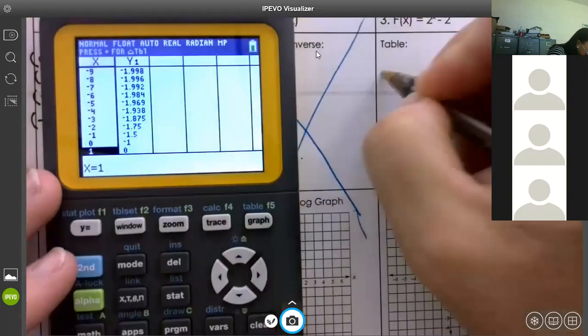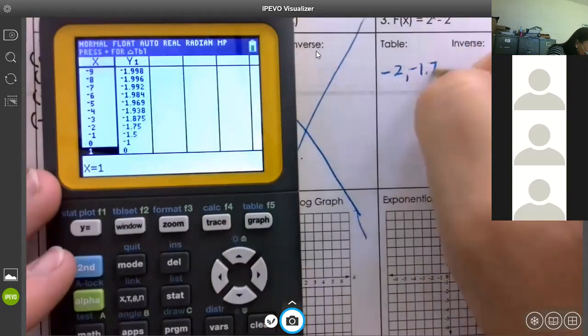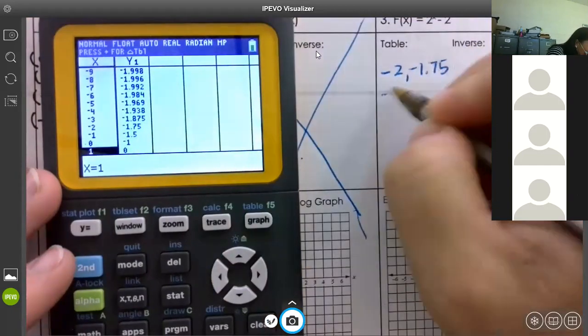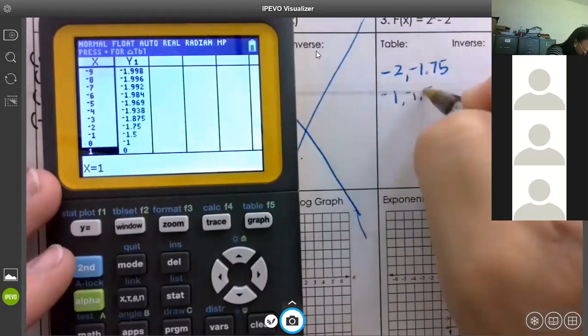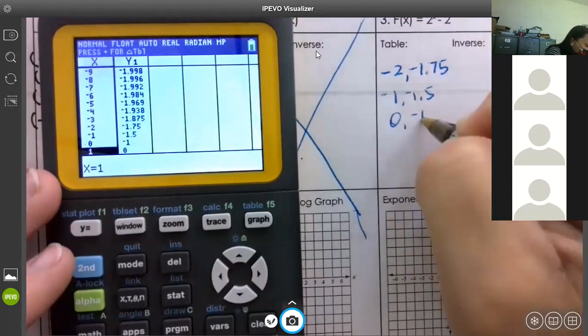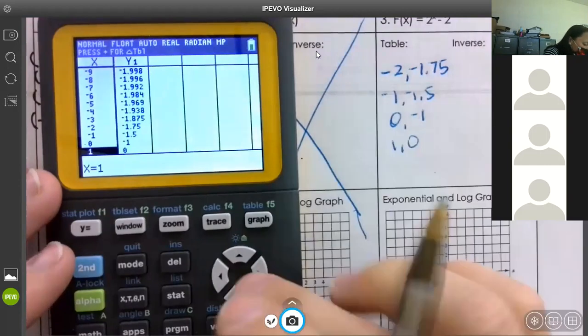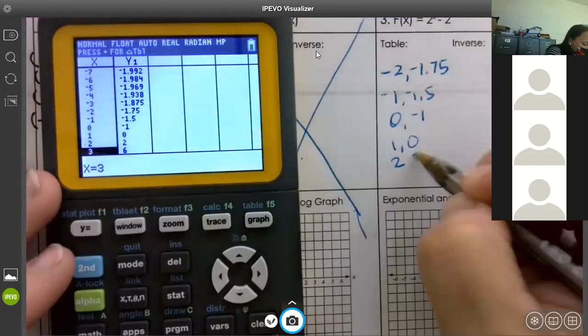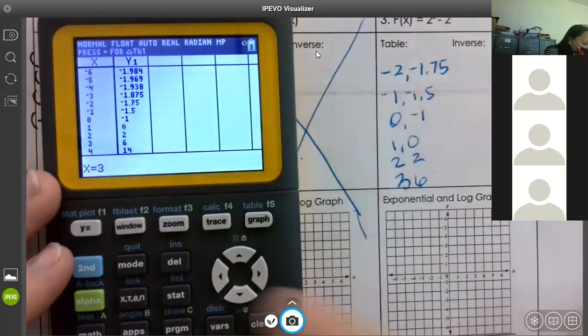We have -2, -1.75, -1, -1.5, 0, -1, 1, 0, 2, 2, 3, 6. That's probably about as far as it'll go.